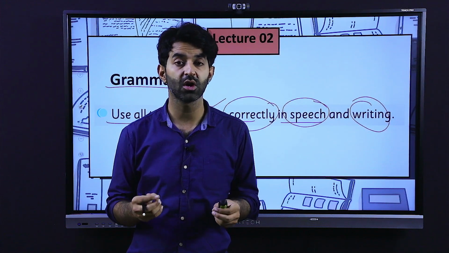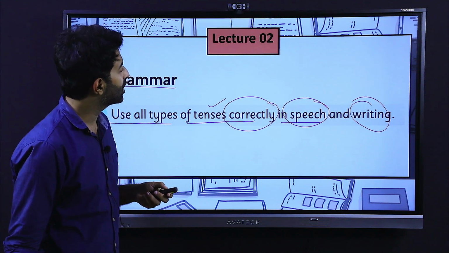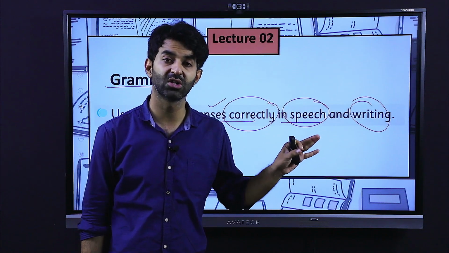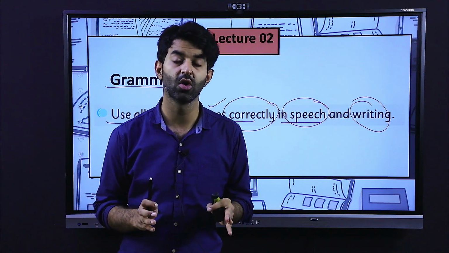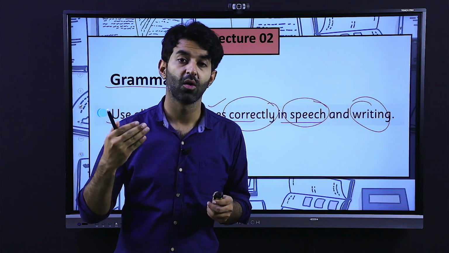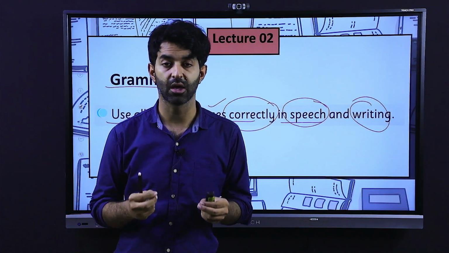We are going to discuss all these things in our lecture number 2. This is a very general, generic SLO about covering all those tenses that you need to know in grade 11 so that you can do better in writing and also in your speaking.